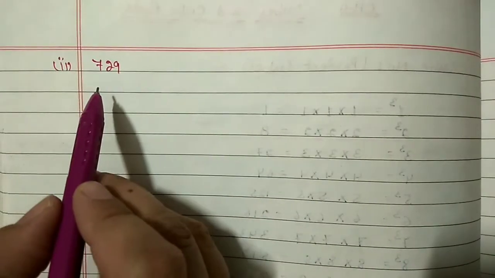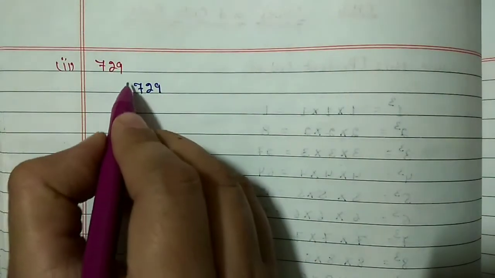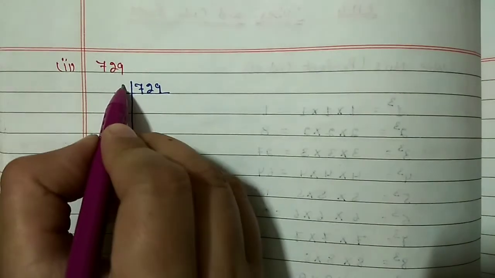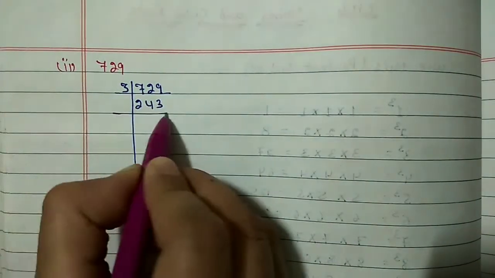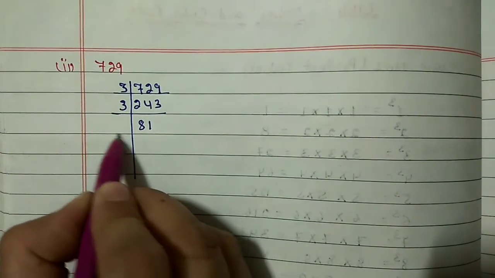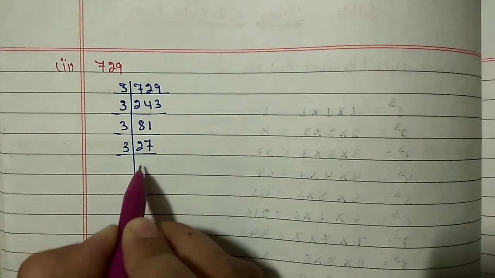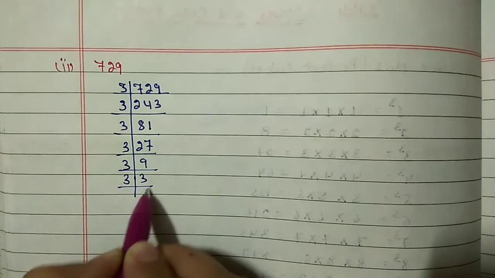Now second part, 729. So first we will do the factors of 729. It will go with 3: 3 2s are 6, 3 4s are 12 and 3 3s are 9. Then again with 3, 3 8s are 24, 3 1s are 3. Then 3 27 times, 3 9 times, then 3 3 times and 3 1 time.